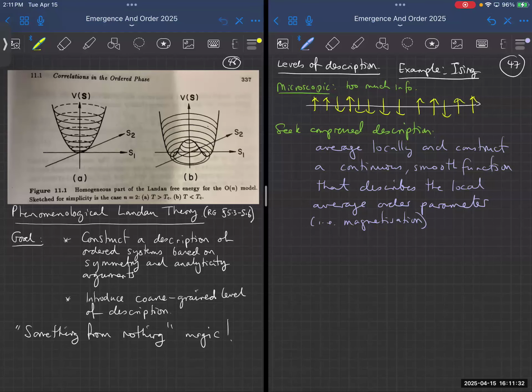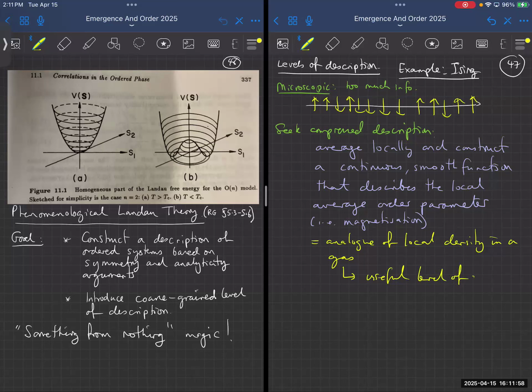So the analog of local density in a gas, for example, in a compressible gas. And why do I want that? This is actually a useful level of description because I can use it to describe sound waves.